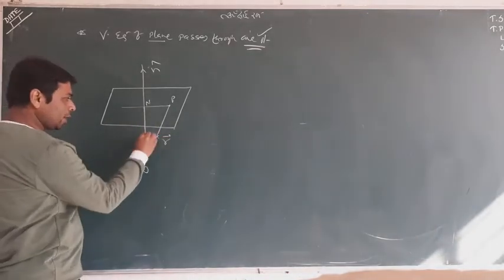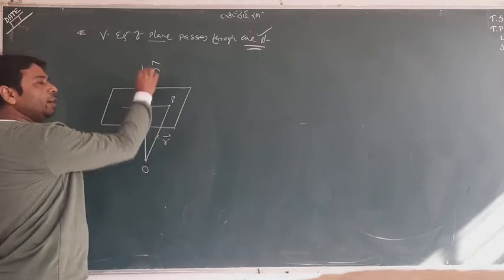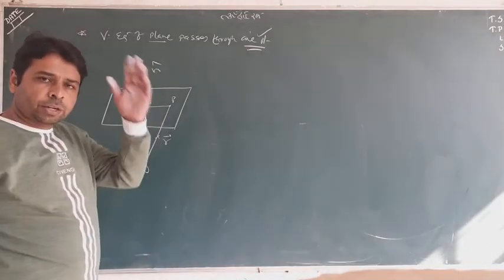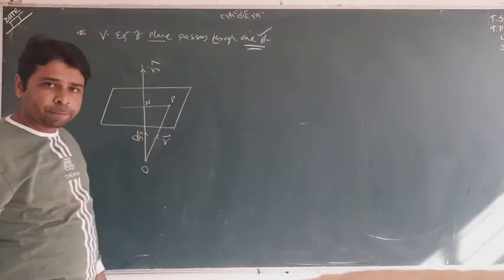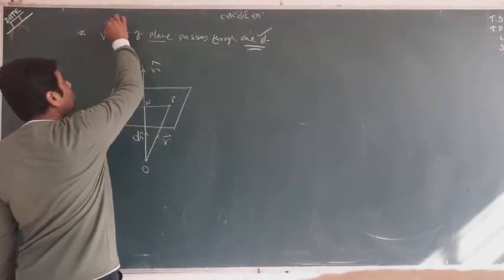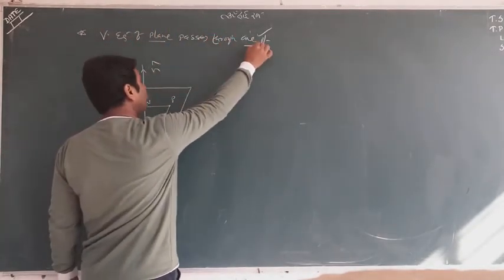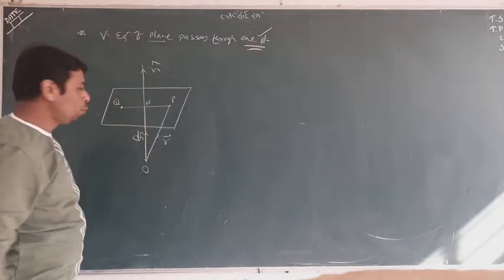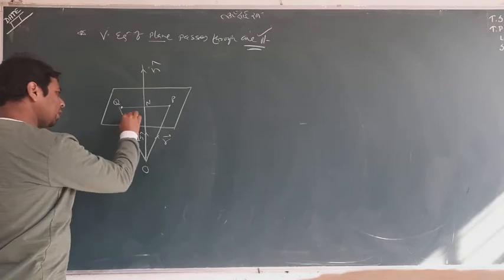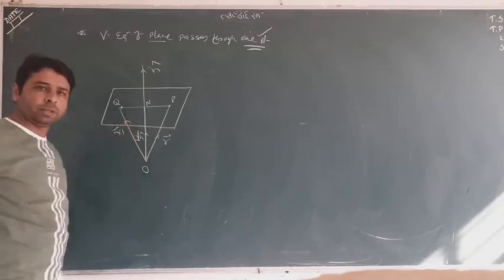This distance is taken as d in the direction of n cap, so it will be d n cap as a vector. Now, the vector equation of the plane passing through one point: suppose this plane passes through this point Q, whose position vector I am taking as r1.